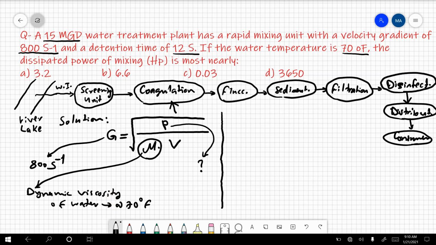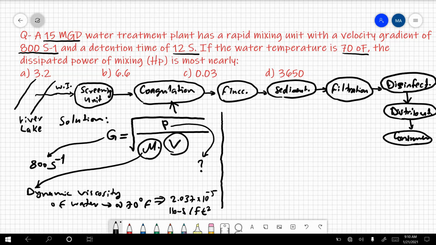From the physical properties of water tables, we can find the dynamic viscosity of water as 2.037 times 10 to the power -5 pound second per feet square.